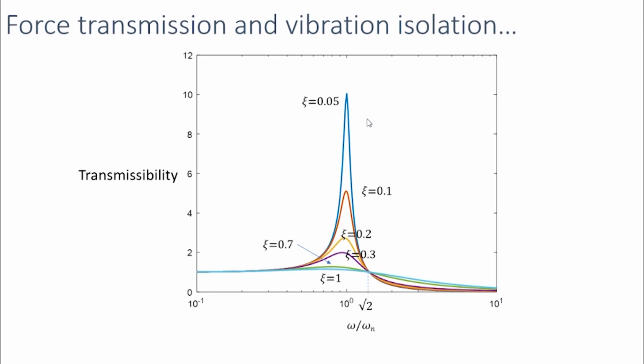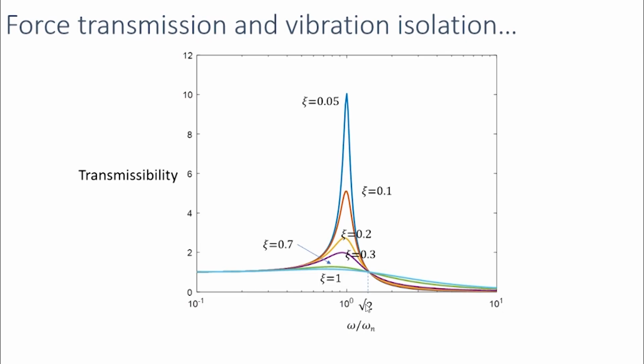And the relationship between transmissibility and damping also changes when the frequency ratio is higher than root 2. When the frequency ratio is close to 1, the transmissibility was low if the damping was high. So the highest peak was corresponding to the lowest value of damping.